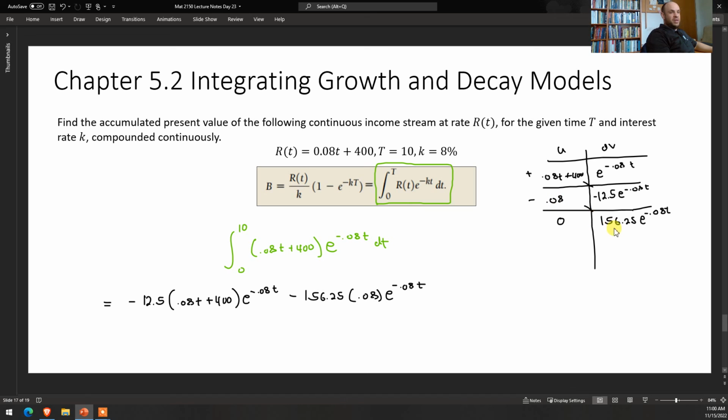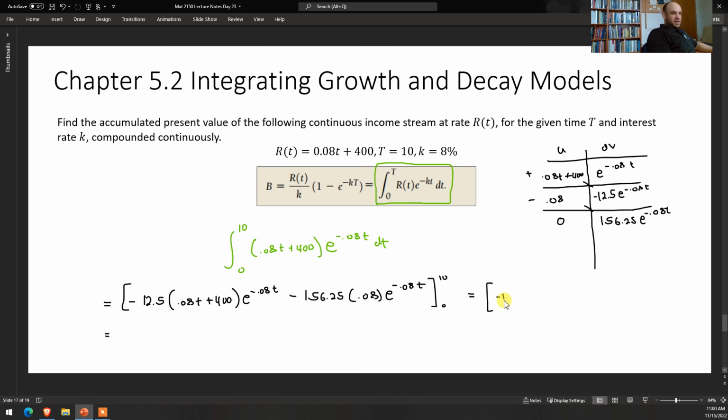And now this will be our last term since we have a 0 on this row. And we evaluate this in between 0 and 10. That means we plug in 10 everywhere for t, and then we subtract when we plug in 0. Let's simplify it a bit first.